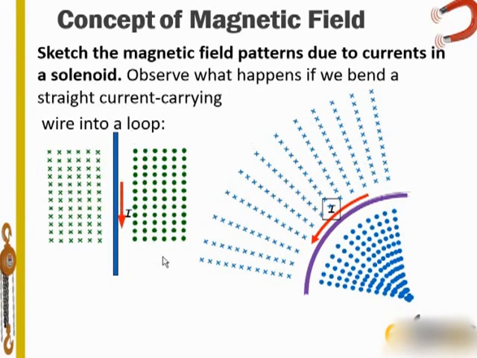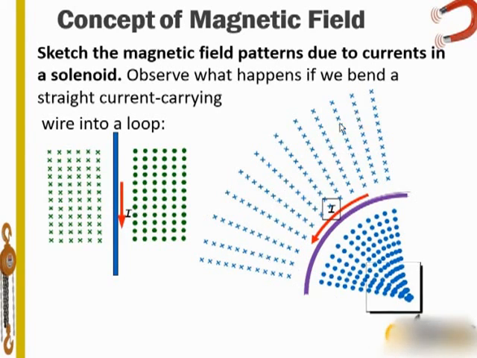And on the right-hand side, you can see the pattern of the magnetic field lines when you now bend that wire into a circular loop. Now, if you look at the right-hand side, you'll see that to the left of the wire you have weak magnetic fields.